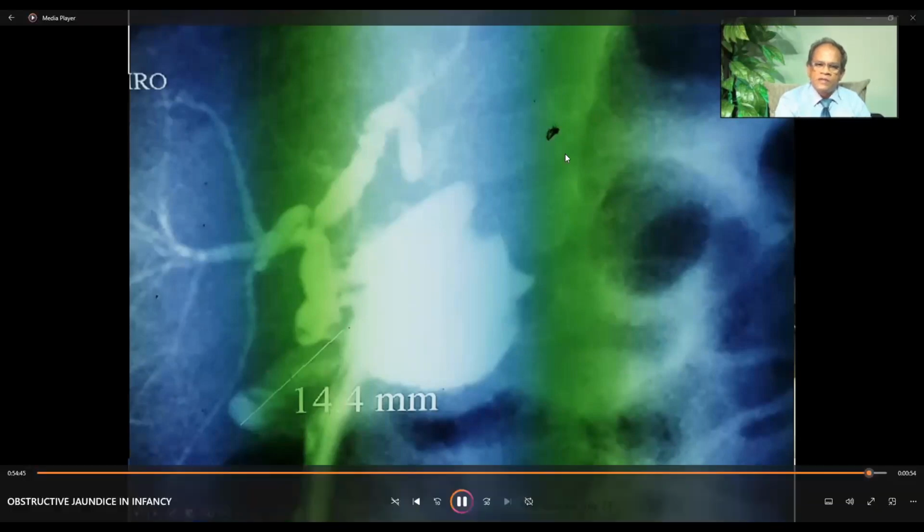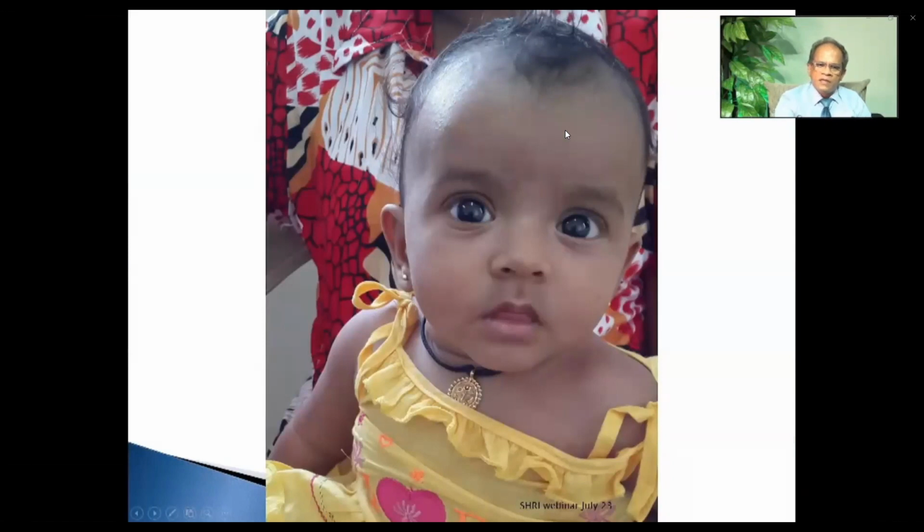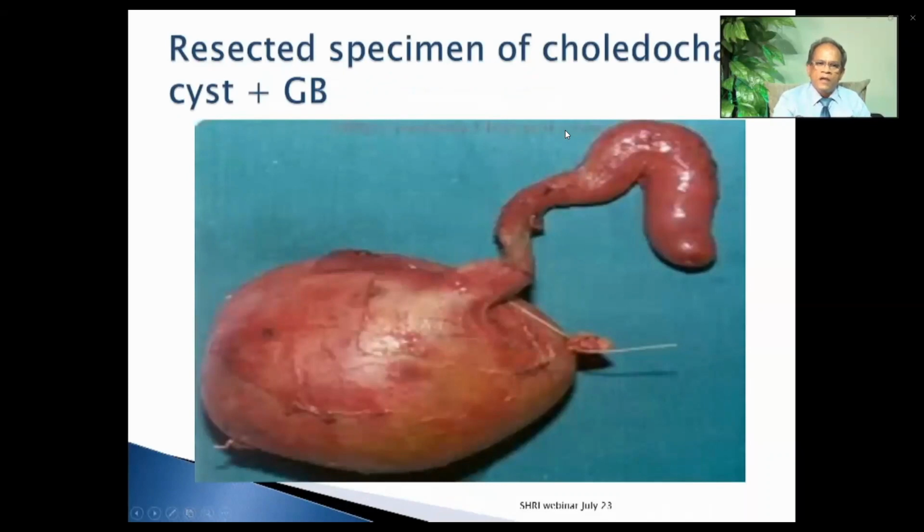So we removed this residual choledochal cyst, and then we did a Roux loop onto this common hepatic duct, and the baby, who was originally with dark yellow jaundice, is now quite white in the eyes and completely cleared of jaundice. Another cholangiogram done on table for a choledochal cyst, and that's what you do eventually. And this is also a resected specimen of a choledochal cyst.